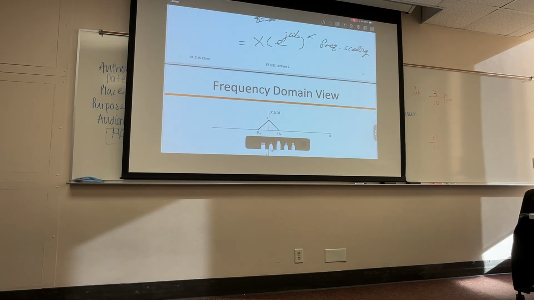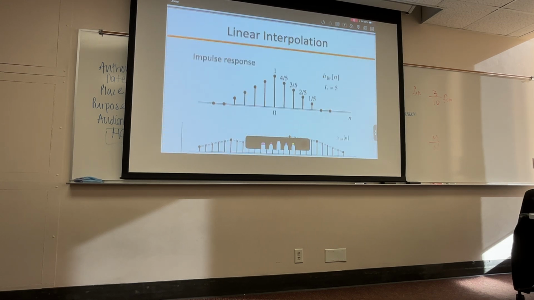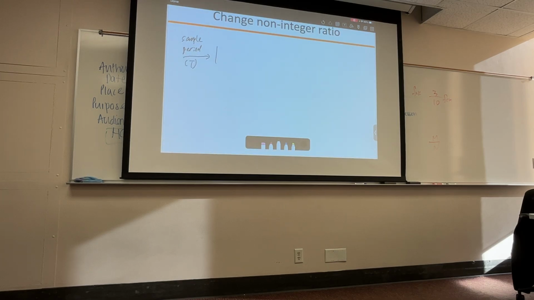Okay, so let's just do that process. We're going to do up by a factor of L, and then we need an interpolation filter. For now we're just going to assume ideal brick-wall filters.